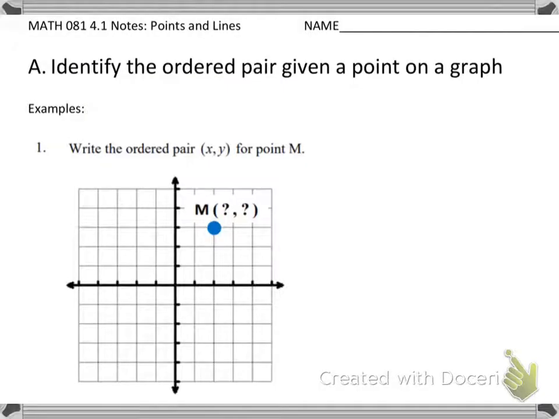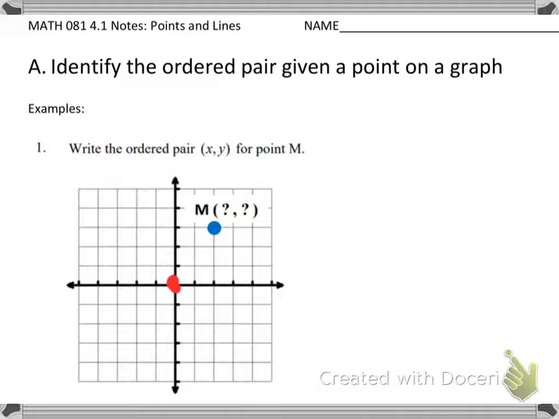So let's get started. Here we have an unknown coordinate, and we labeled it M. What is the ordered pair associated with this point? Again, if you want to, you can pause this video, see if you can figure it out on your own, and then unpause the video and see if you are correct. Well, remember we always start at the origin.